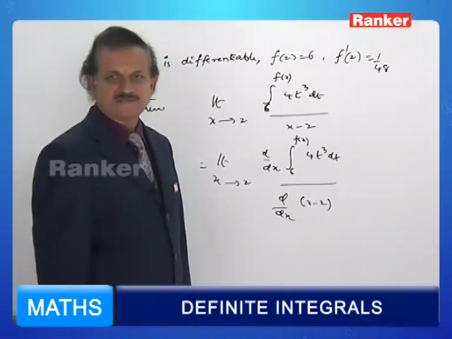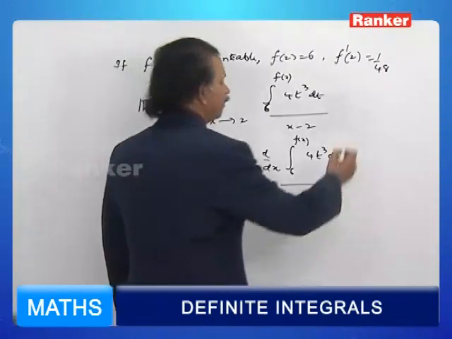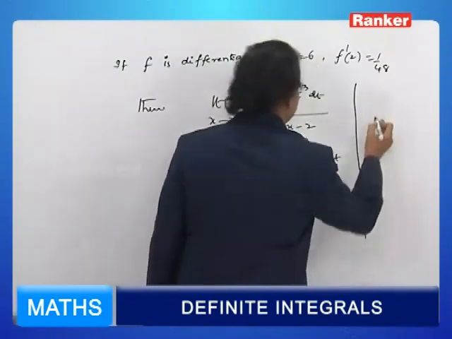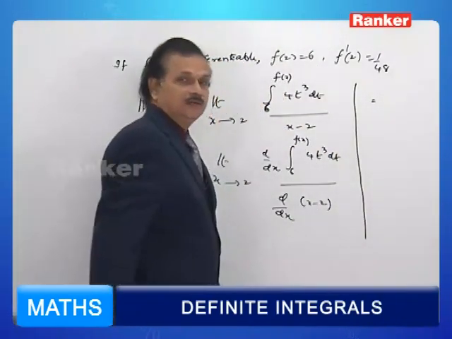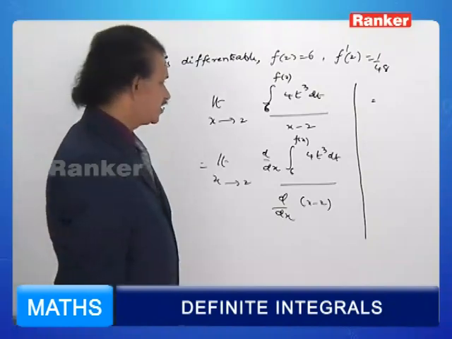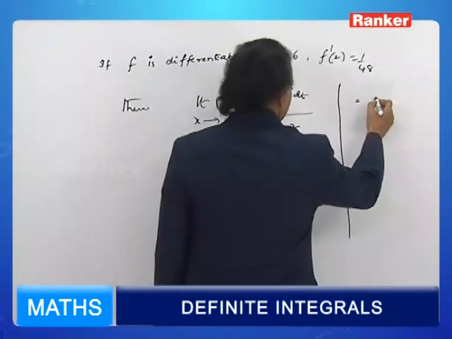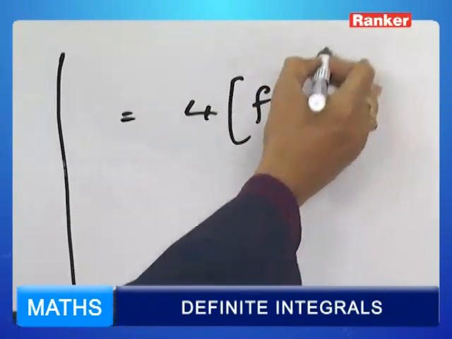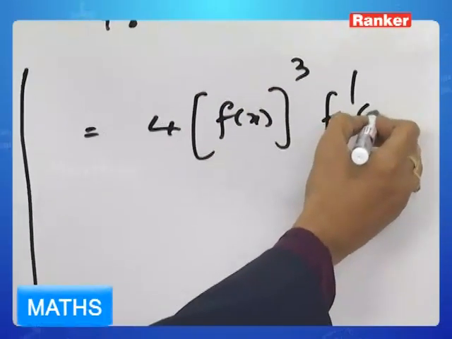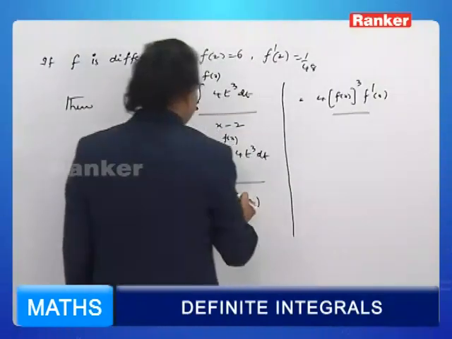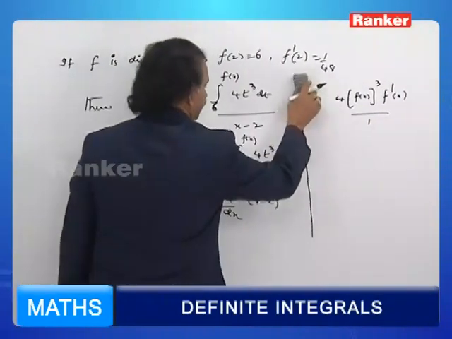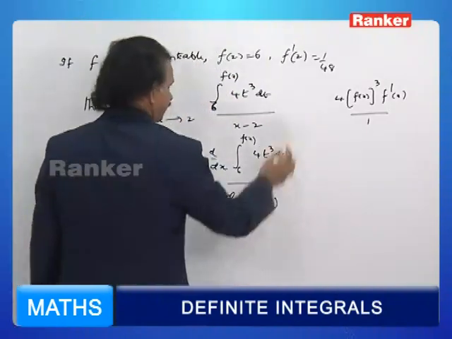By making use of L'Hospital's rule, this is nothing but 4 into f of x whole cube into f dash x by its derivative is 1. Of course, here we should not omit this limit.